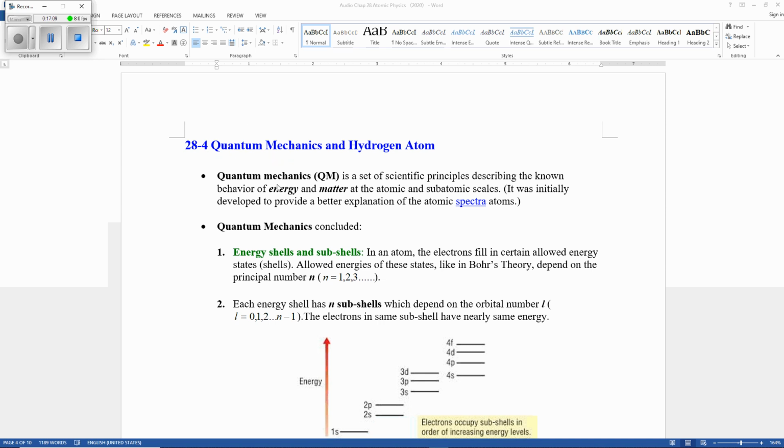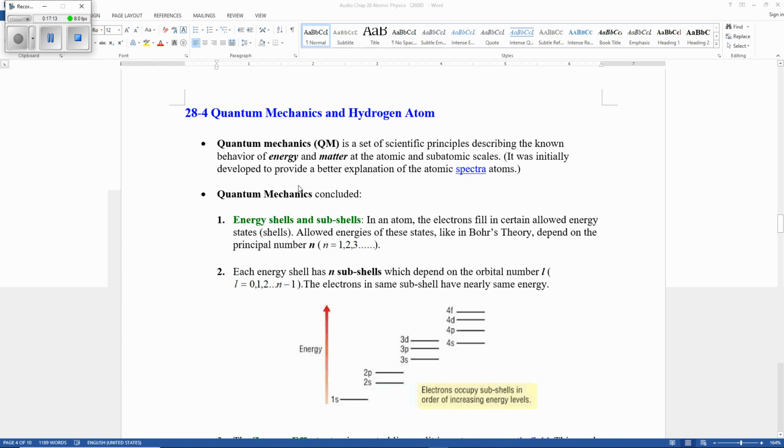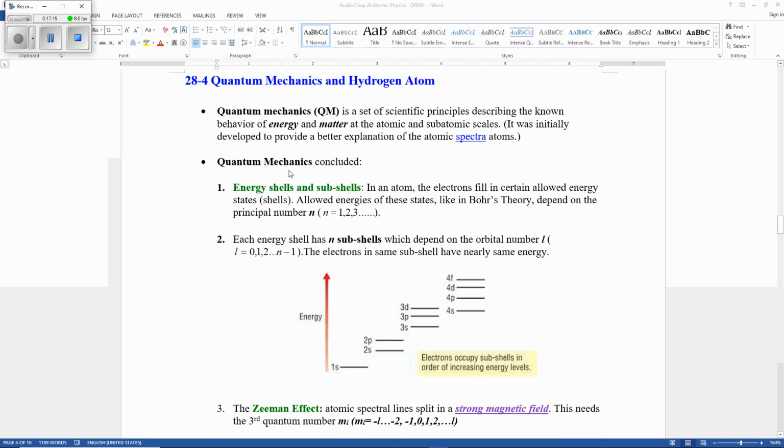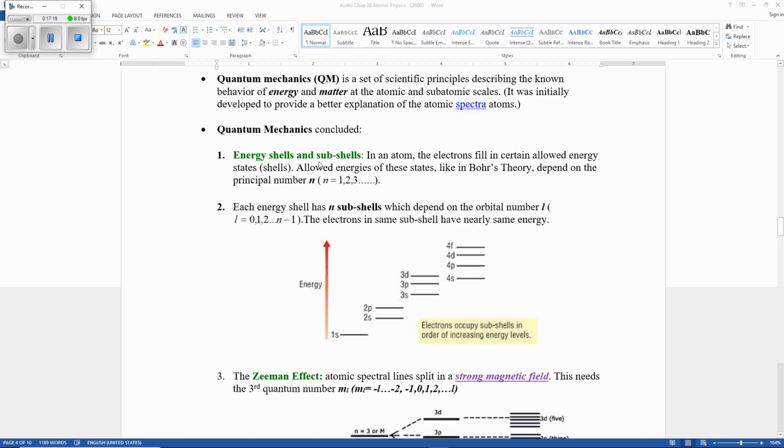So we're only going to give you some conclusions. Now quantum mechanics tells us, if you have more than one electron, that means other than hydrogen, you need more energy levels.